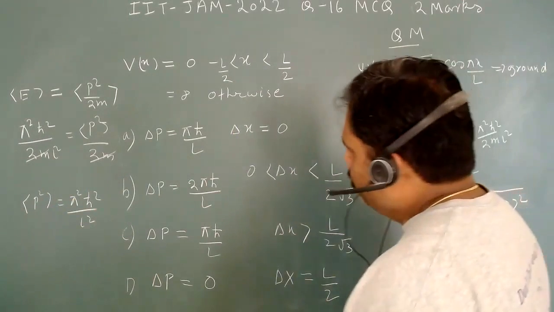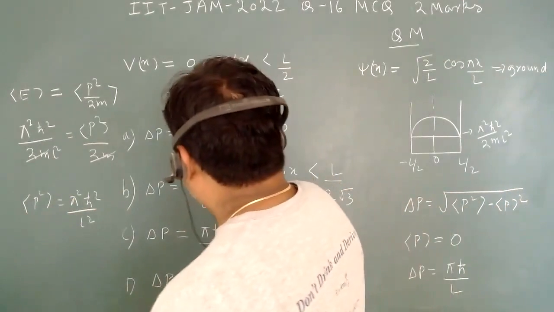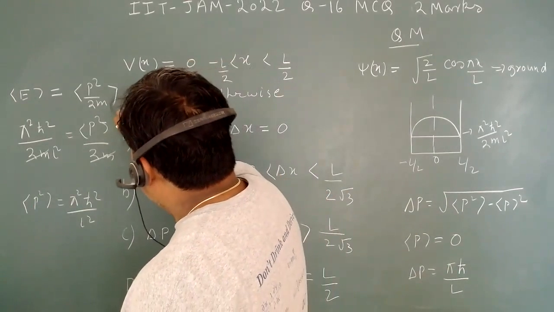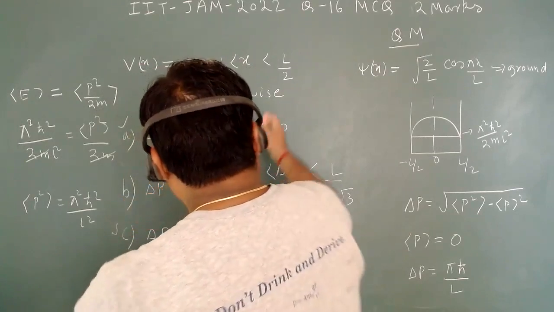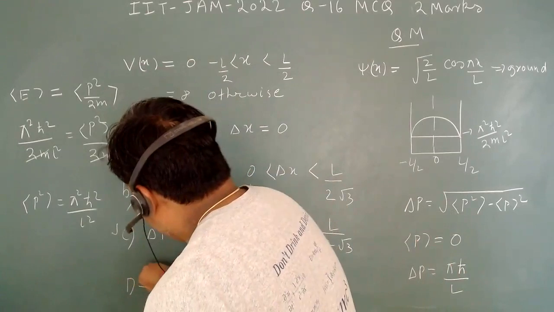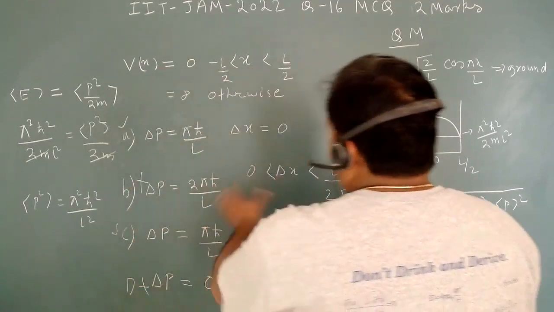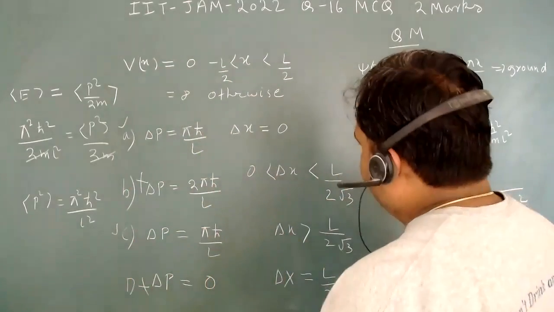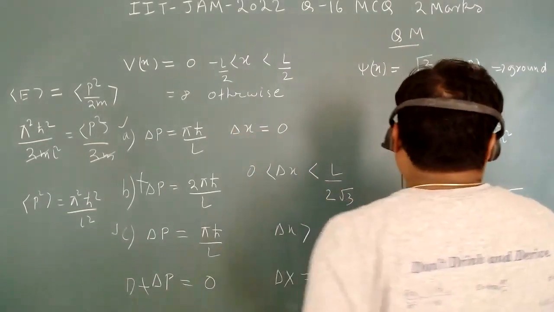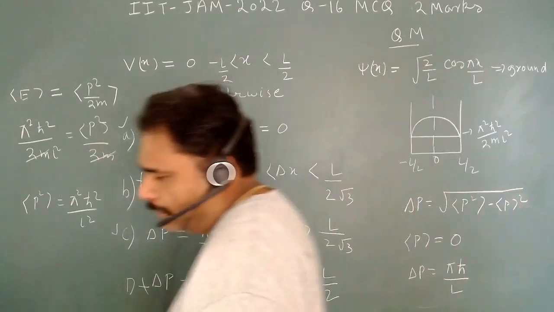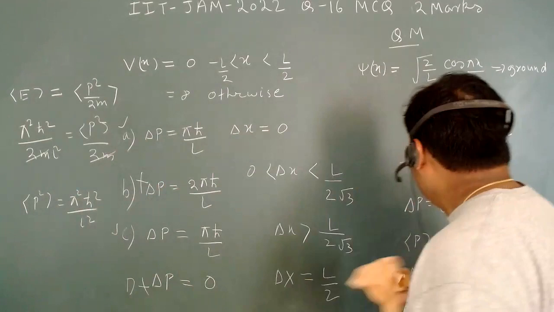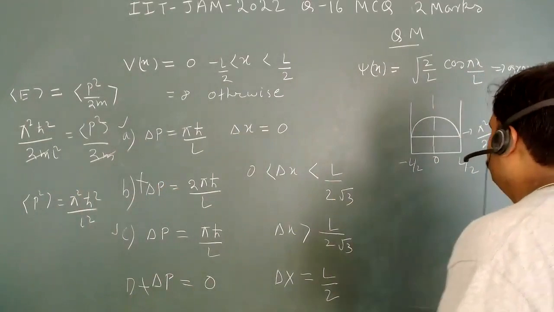Obviously only two options have pi h cut upon L, option A and option C. So we have to check what will happen to delta x now. The other options are neglected and are wrong answers. So now let's calculate the uncertainty in x.